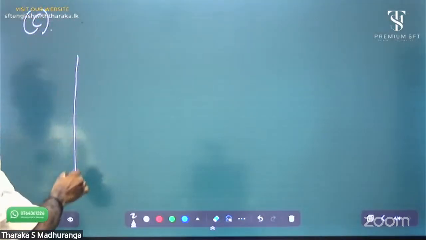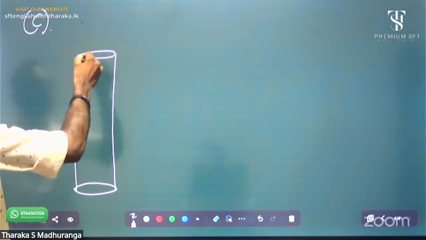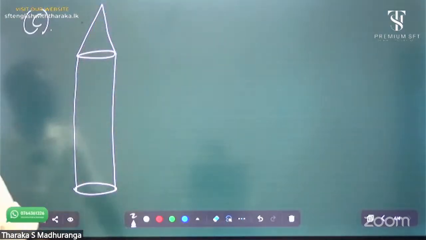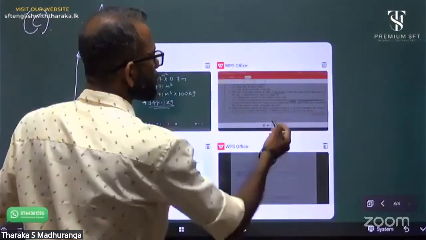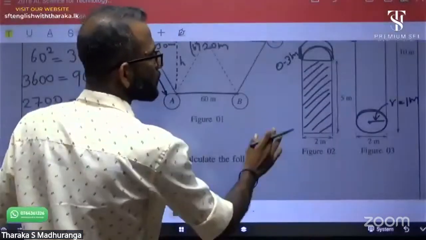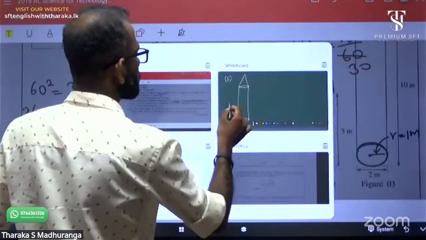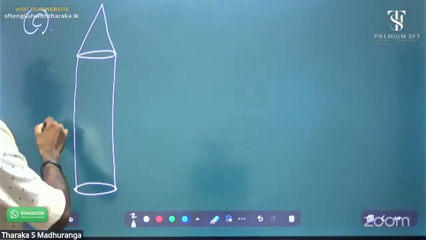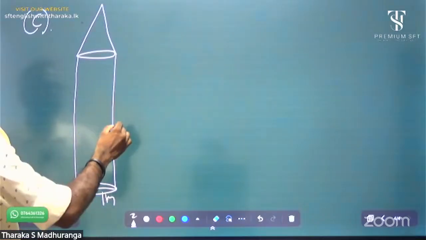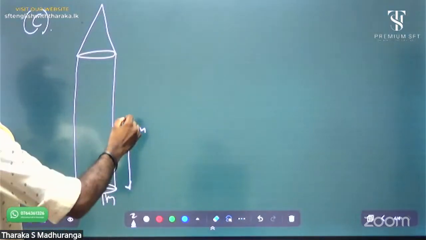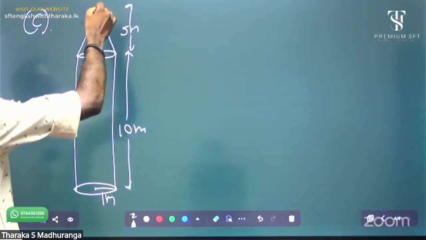Part C. This is the shape of the tower. It is a cylindrical part and a right circular cone, like this. Radius 1 meter. 10 meter cylindrical height. 5 meter cone height, the cone perpendicular height, right?